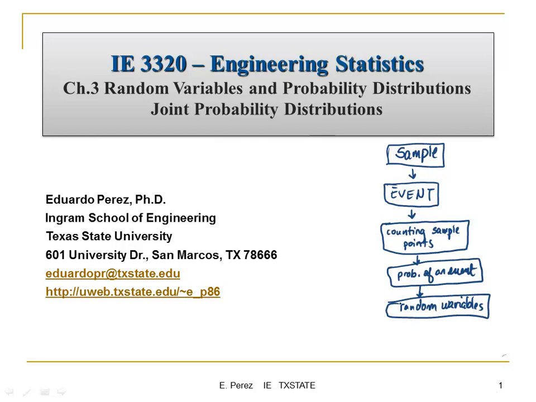Okay, so there's a couple of relationships here. The sample space relates to counting, and the event to the probability of an event, and also the sample space relates to random variables. So we assign numbers or values. It's a function that assigns numbers or values to your outcomes in the sample space. Then from there, the last thing we discussed in class was probability distributions.